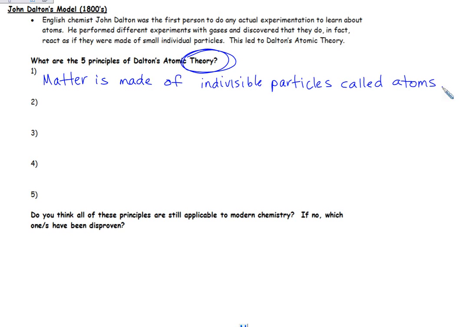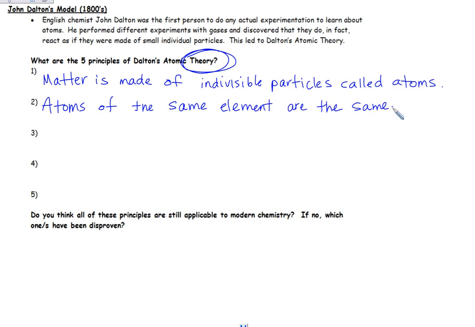Number 2, atoms of the same element are the same. Again, earlier we talked about the difference between elements and compounds.